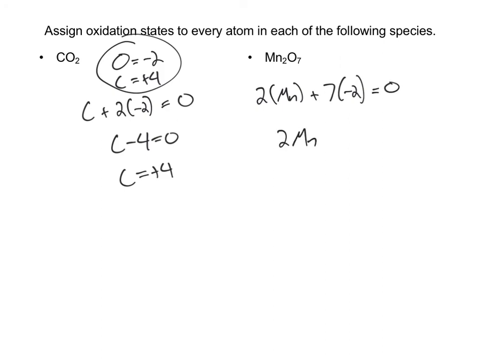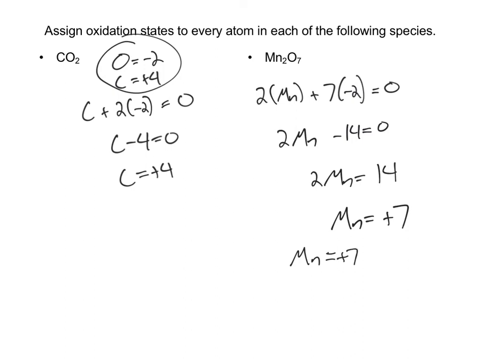So 2 manganese minus 14 is 0. So add 14 to both sides. 2 manganese is 14. Divide by 2. Each manganese is plus 7. So this is manganese 7 oxide. So those would be my oxidation states.